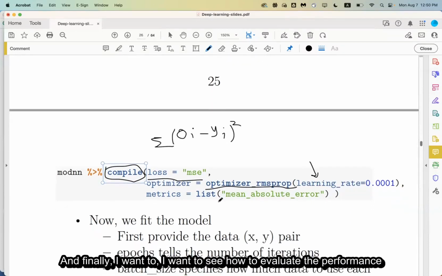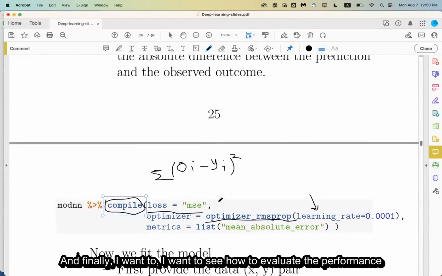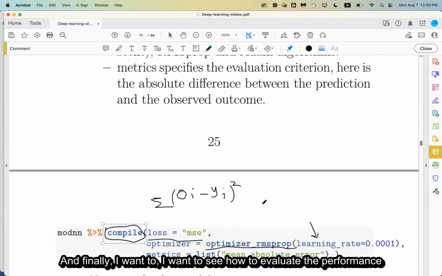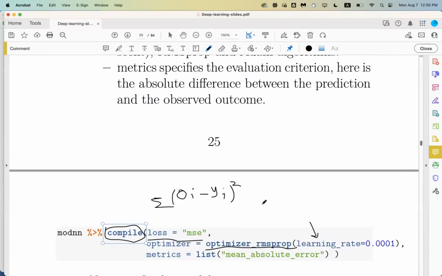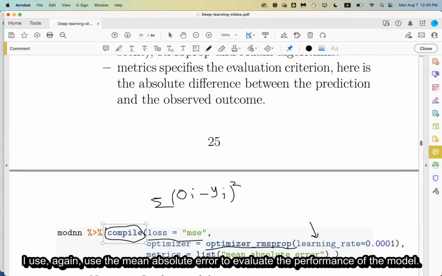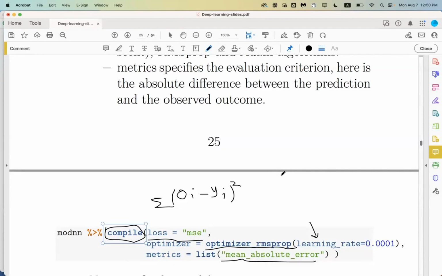And finally, I want to specify how to evaluate the performance of the model. I use mean absolute error to evaluate the performance of the model.